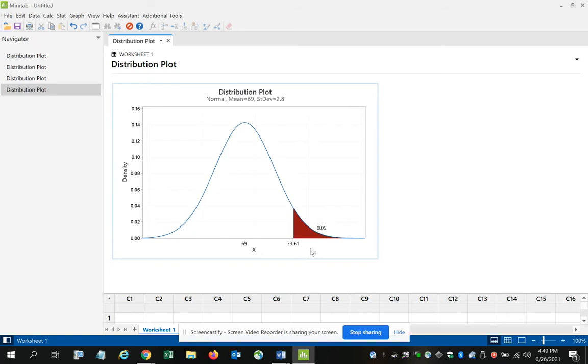And I click OK. And guys, if you'll notice, this picture here in Minitab looks similar to the one that I drew on the paper, and it's 73.61. We're looking for this x value here on the bottom of the horizontal axis that's labeled x, 73.61.